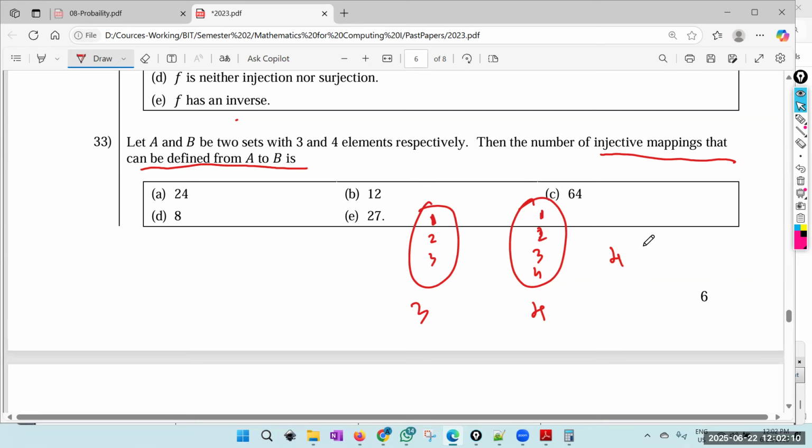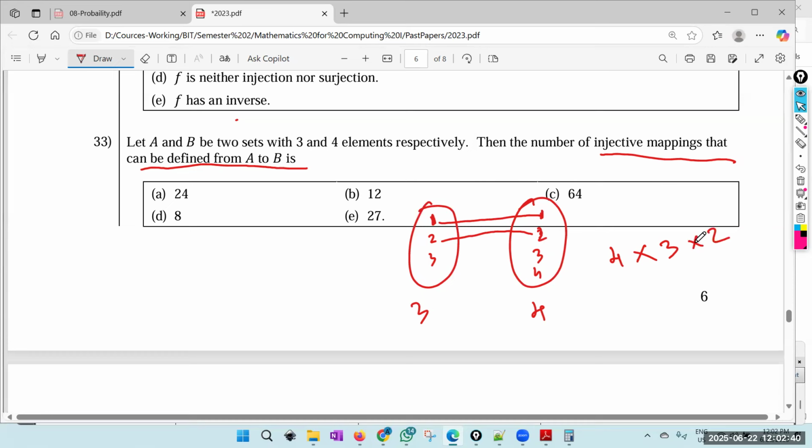Then how many ways can I map the second value? Because one value is already mapped. Let's say it's mapped to 1. First one I have 4 ways. Second one I have only 3 ways because this is already mapped. Say this is mapped to this, but it can be anything. Now for the third one, I have 2 ways.